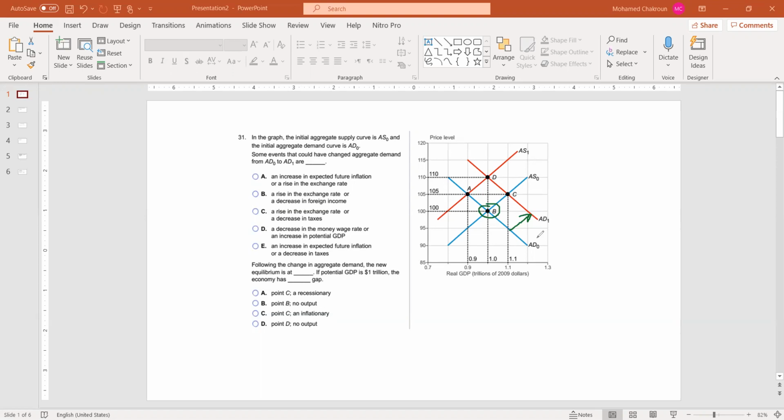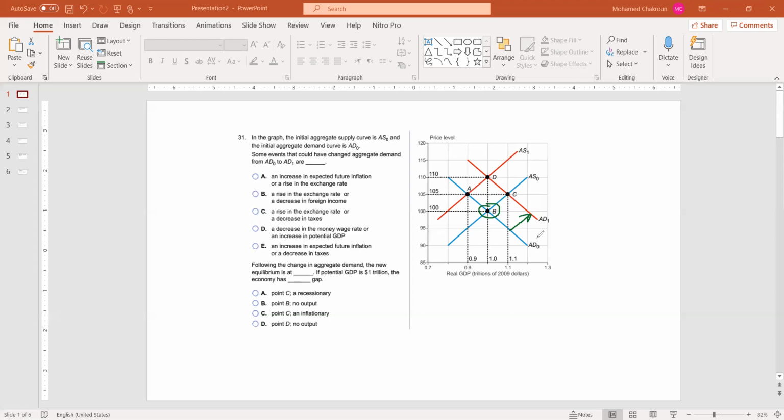What do you think? Yes, obviously it's an increase in aggregate demand. If the shift is to the left, it will be a decrease.